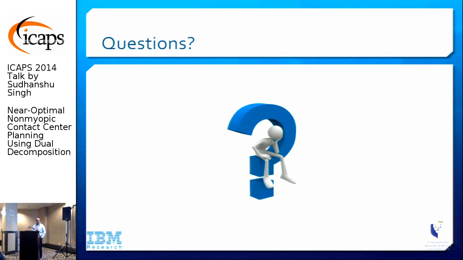Other questions? You mentioned that emails are sent to the contact center and people have to respond. Are there different levels of requests which might take different times? Do you have any way to estimate how much time a particular job request needs?